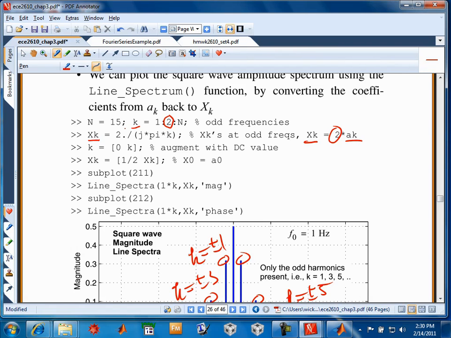Not dead or anything, you just have to fix your code, but it happens to me too. I get in a hurry and I type, and then I get that dinging sound from MATLAB and I have to go fix it. The other thing I did to get the DC value in was to augment the k vector by putting in 0 frequency and then forcing in the 1/2 for the DC value. Then I loaded it in, and the plot gets generated.